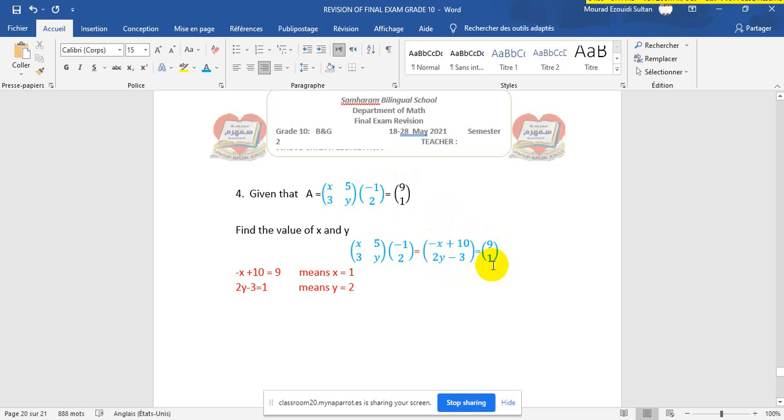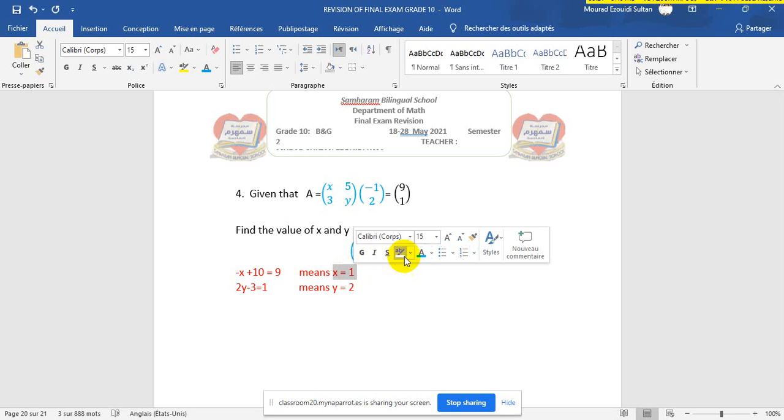So minus x plus 10 equal 9. Try to write minus x, put it here, and 9 put it there. It will be x equal 10 minus 9, gives 1. So x really is equal to 1.